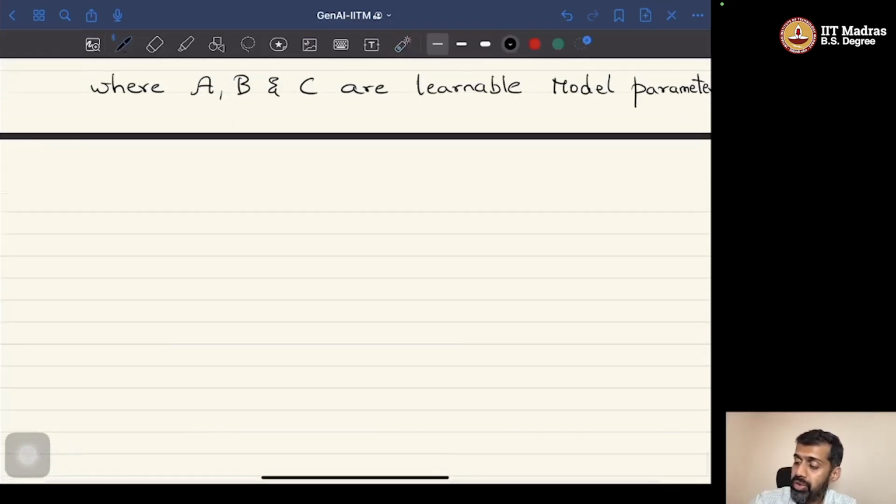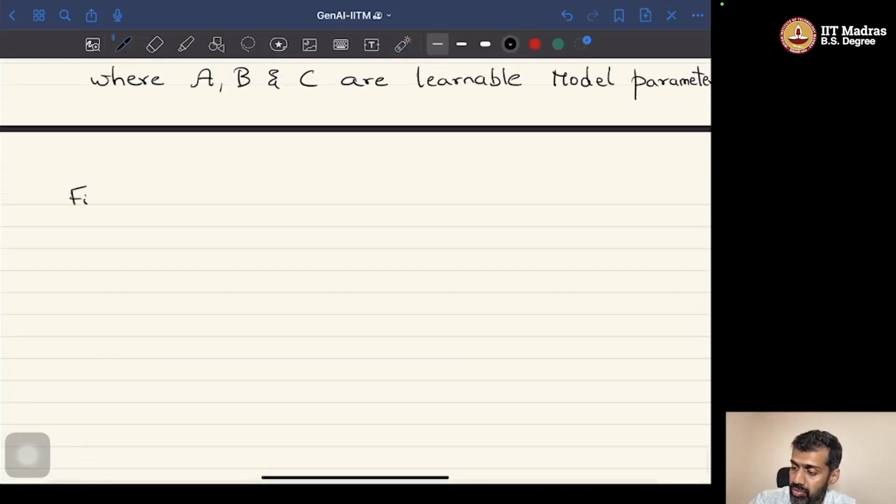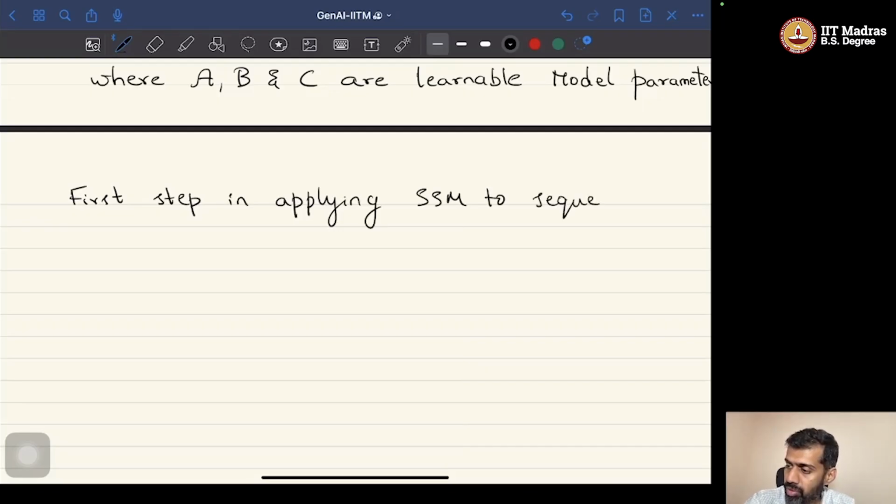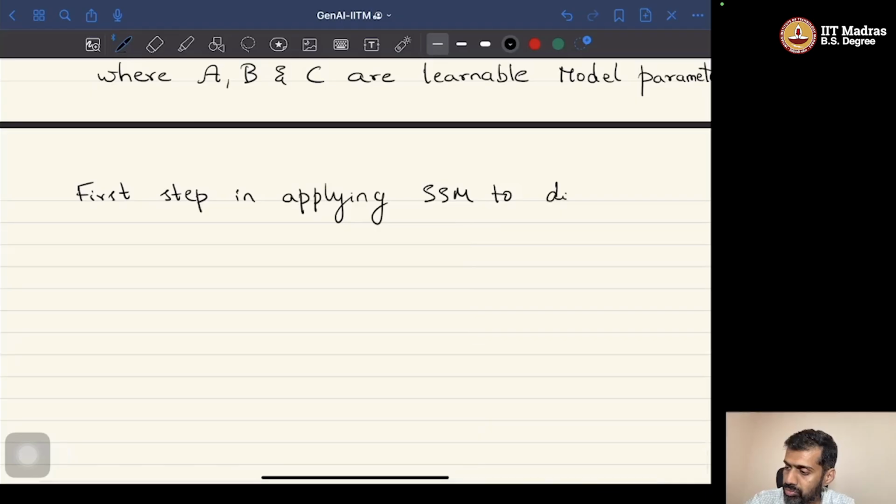So the first step in applying SSM to discrete sequences is to discretize the model.